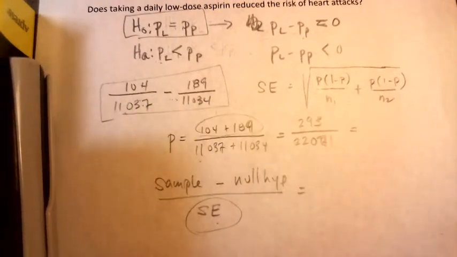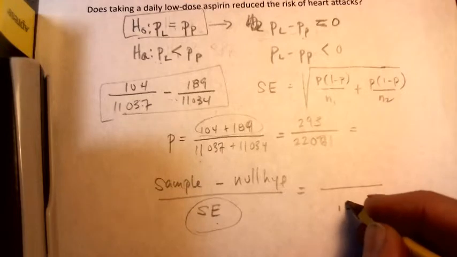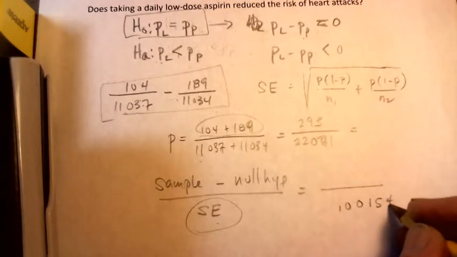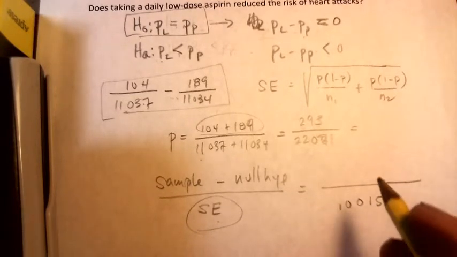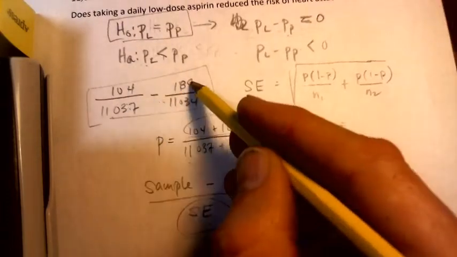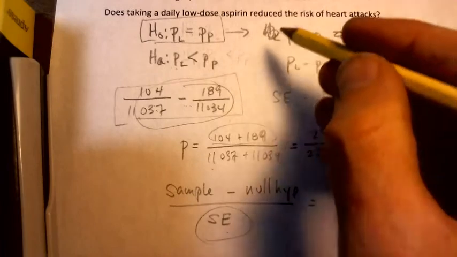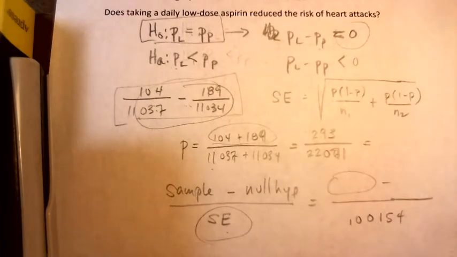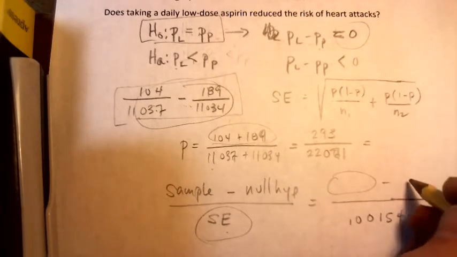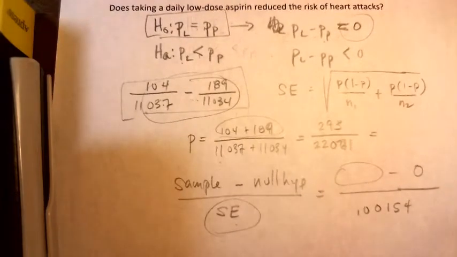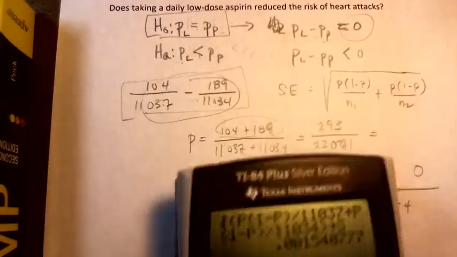So it's going to be 0.00154, etc. down here. And on the top, it's going to be this minus that minus the null hypothesis. The null hypothesis says the difference should be 0, so it's going to be that thing minus 0. Now let's figure out what that thing is.